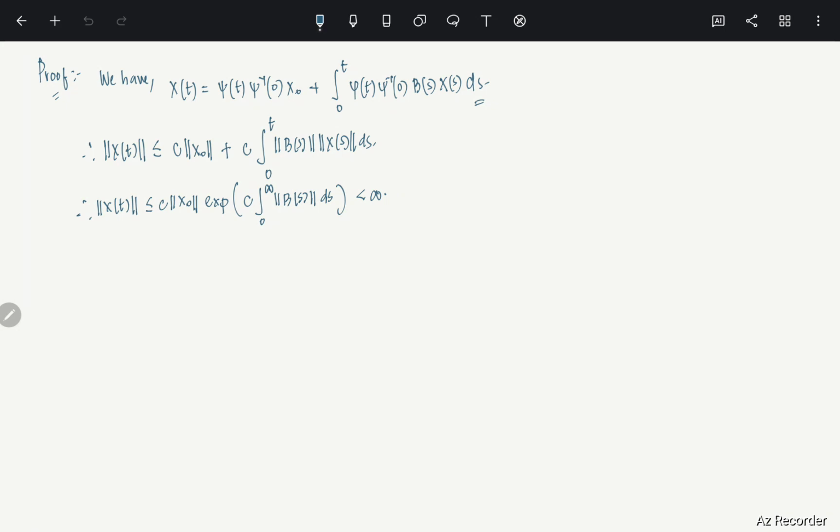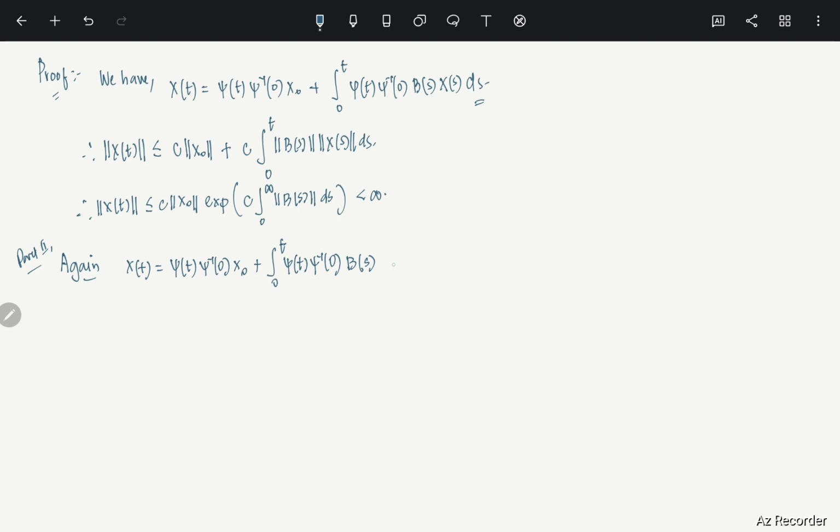So see, now, again, so this is part 2. Again, x of t is phi of t, phi inverse of 0, x0 plus the integral from 0 to t of phi of t, phi inverse of 0, b of s.